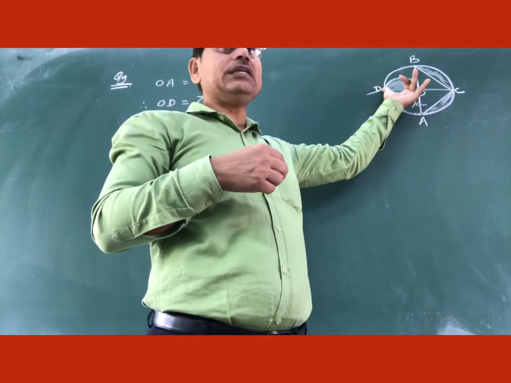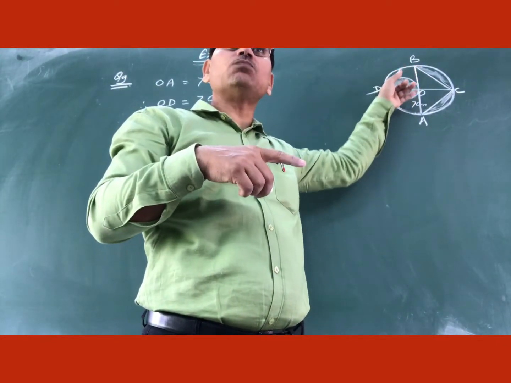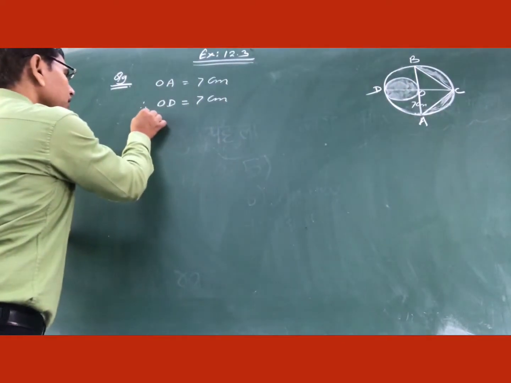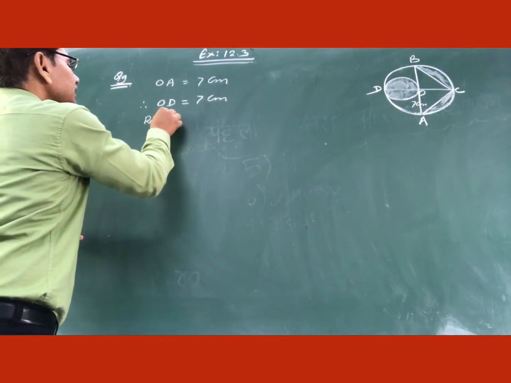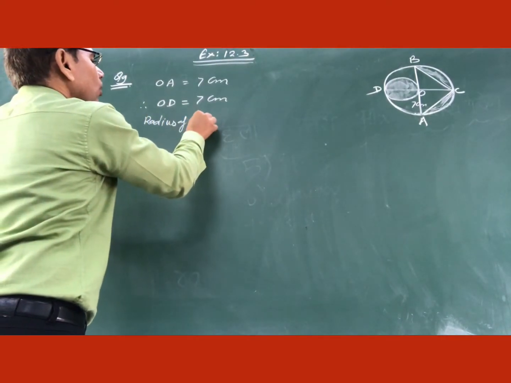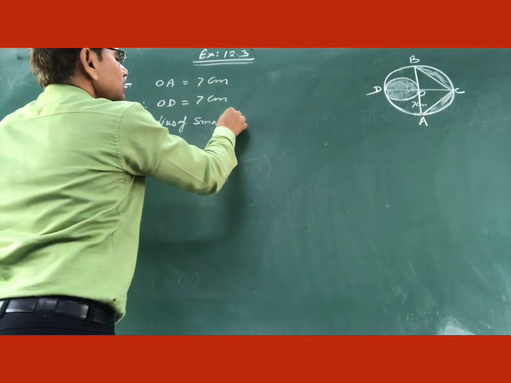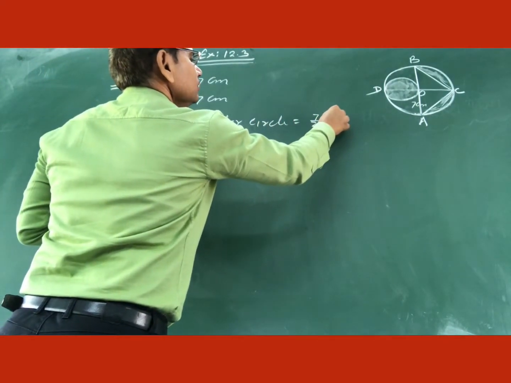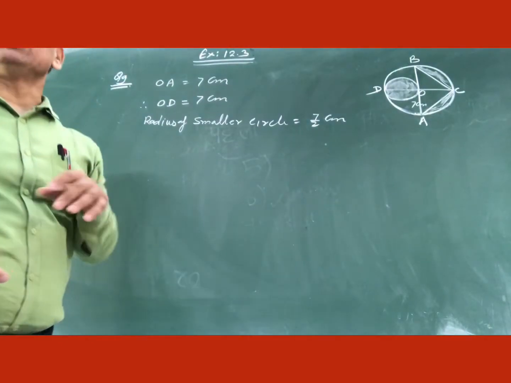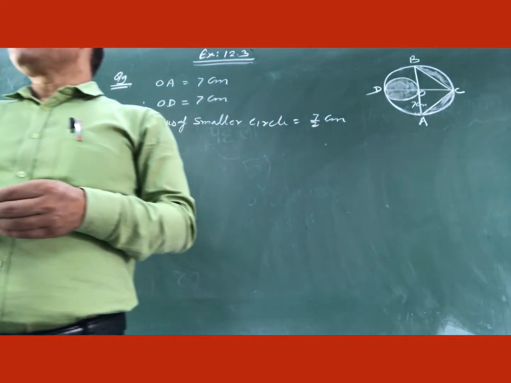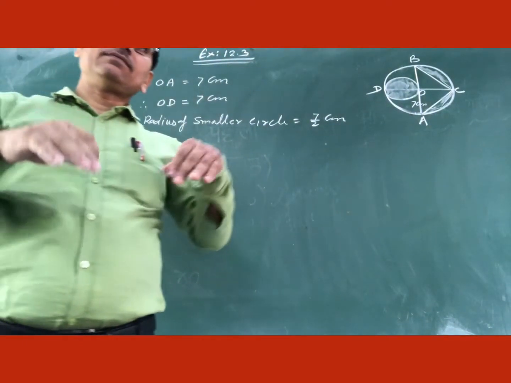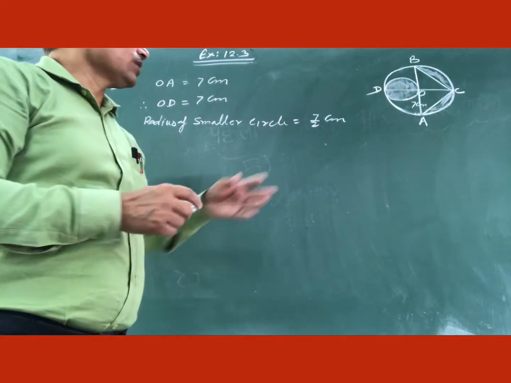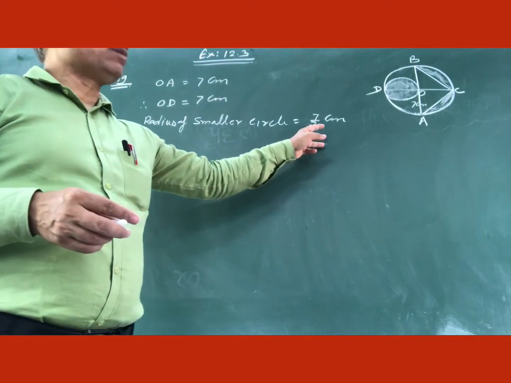Now OD is the diameter of the smaller circle, therefore the radius of the smaller circle is equal to 7 by 2 centimeter. Don't convert into decimals because the calculation will be hard in that case. So you will write 7 by 2 centimeter.